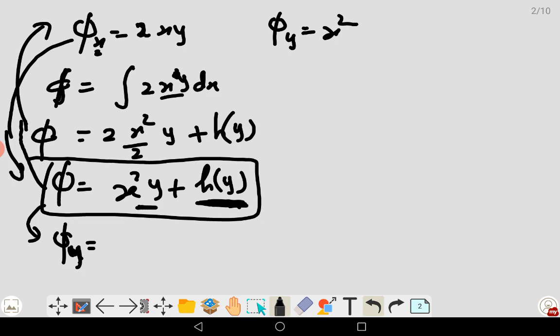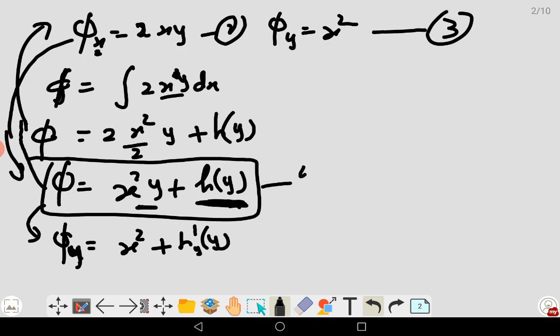This will be x squared plus h prime of y, the derivative with respect to y. Now compare. This is equation number 2, this is 3, this is 4, and this is 5.